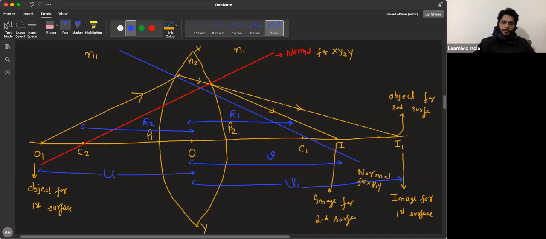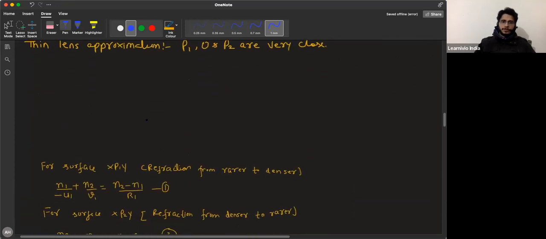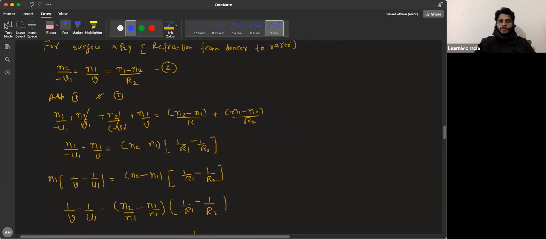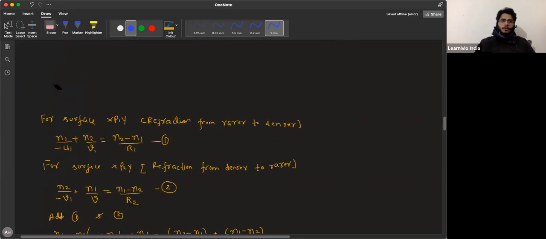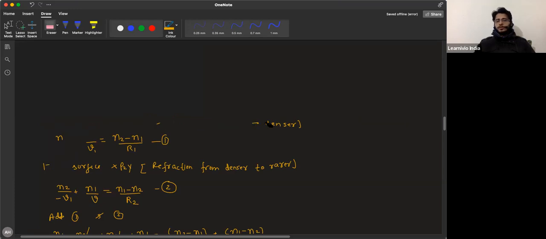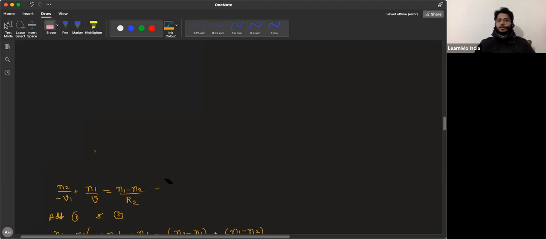Yes. Okay, let's start the derivation. I will rub it. See, just look at your ray diagram and decide whether the refraction at the first surface is from rarer to denser or denser to rarer. Derivation is very easy.